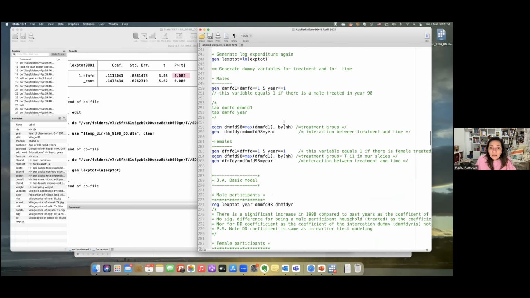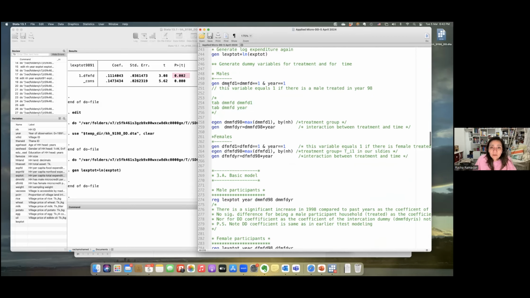So here I will create a dummy variable for the treatment, which equals 1 if there is a male who has access to microcredit in the household, which means that this household is treated. And in the year 1, which is the interaction between both.